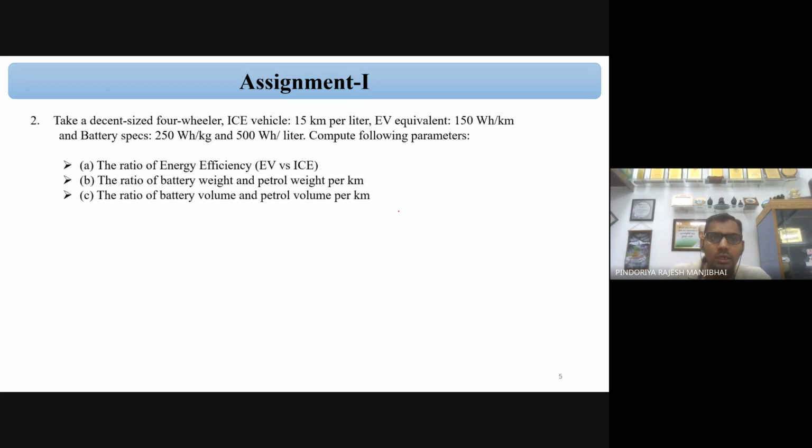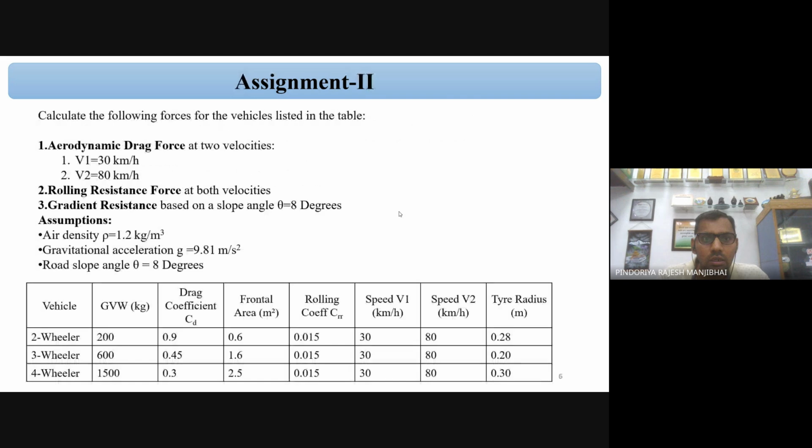And the third question: you have to calculate three forces, the aerodynamic drag force, the rolling resistance force, and the gradient resistance force. We have two velocities. The first velocity is 30 kilometers per hour, and the second velocity is 80 kilometers per hour.